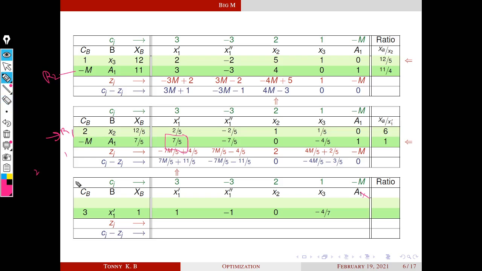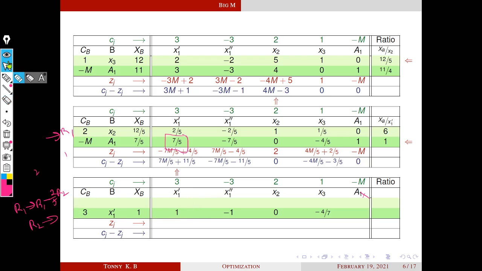If you take this row as R1 and this row as R2, we have to convert this 2 by 5 to 0 using this one. So the operation is R1 goes to R1 minus 2 by 5 R2.